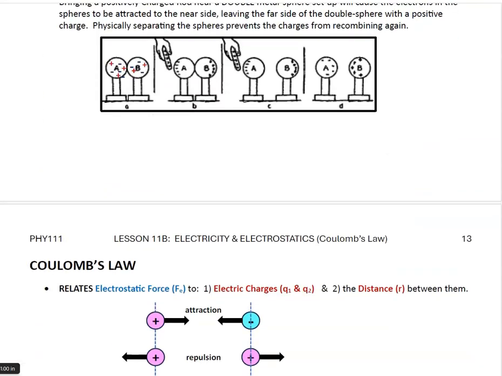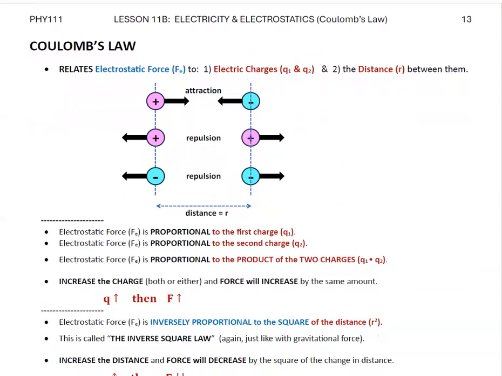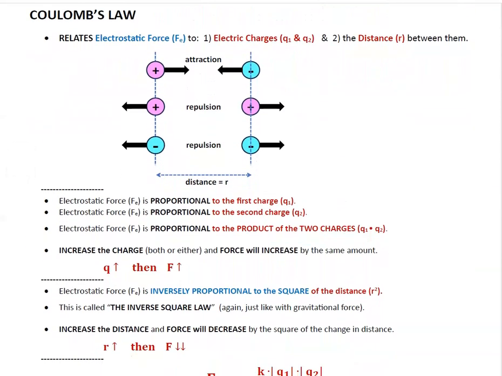And finally, the last topic of this video and the last topic of this lesson is Coulomb's law. Coulomb's law was discovered by a brilliant scientist and engineer from France in the late 1700s by the name of Charles Augustin de Coulomb, but we're just going to say Coulomb.